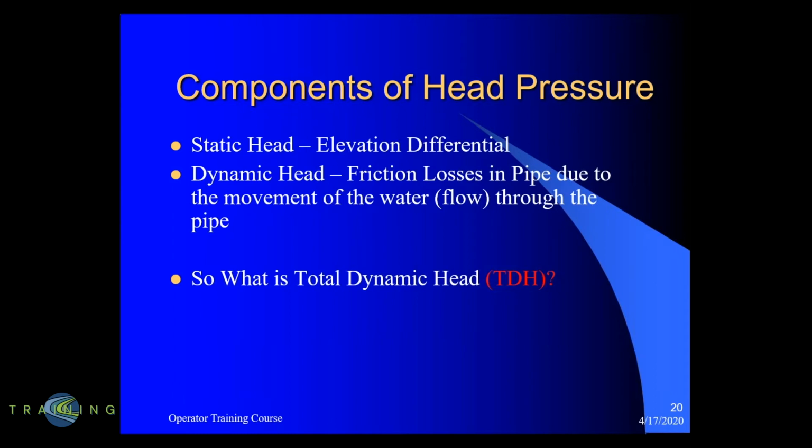So once we develop the flow, we use the flow information to calculate the dynamic head as it flows throughout our system. So the total dynamic head, which we see on pump tags as TDH, is the combination of that static head and that dynamic head, which is when the water flows.